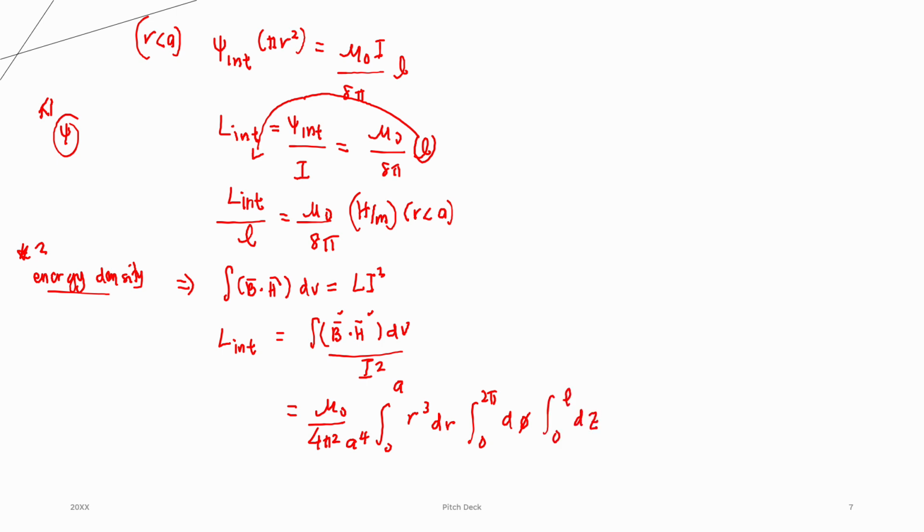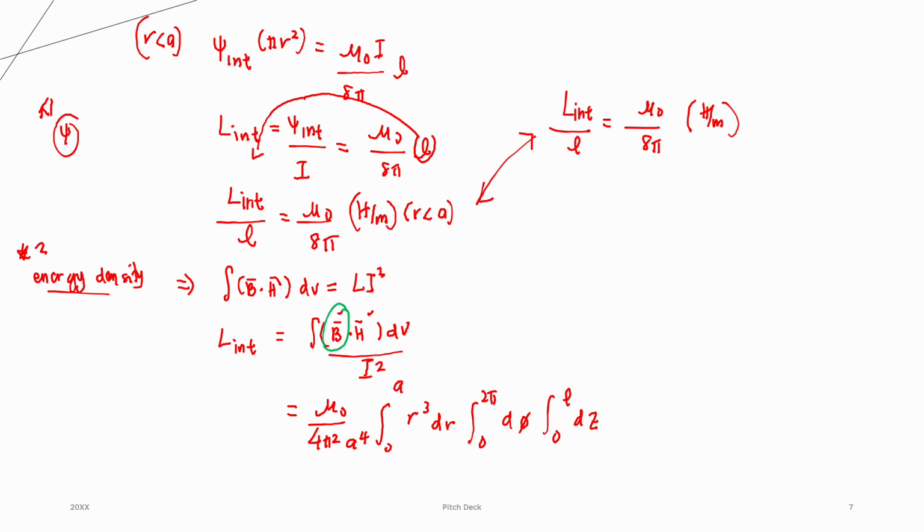From here, of course, you get that L internal over L equals mu naught over 8 pi Henry per meter. You can compare: if you use a different method, you will get the same answer.